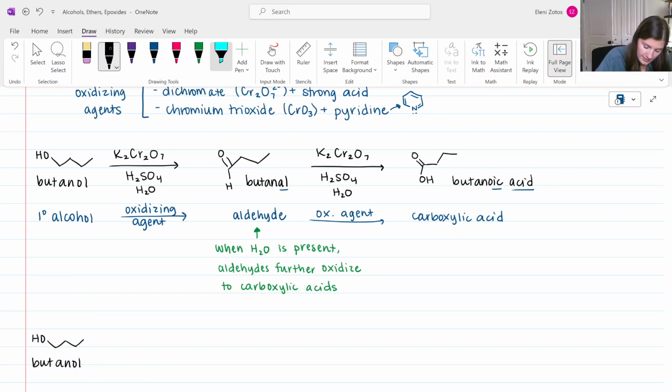We can add chromium trioxide, pyridine, and HCl in a dichloromethane solution, CH2Cl2, and we end with the aldehyde.